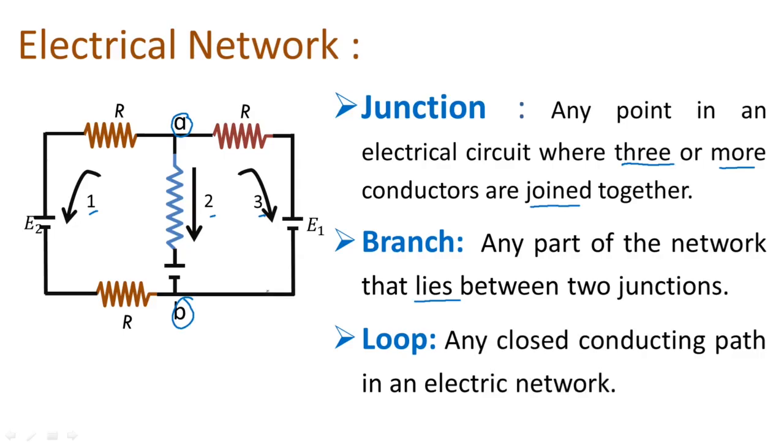The third term is loop, any closed conducting path. The word closed is very important. The initial and final position must be the same, and the direction of the loop may be clockwise or anti-clockwise. While applying Kirchhoff's second law, we have to consider the closed loop.